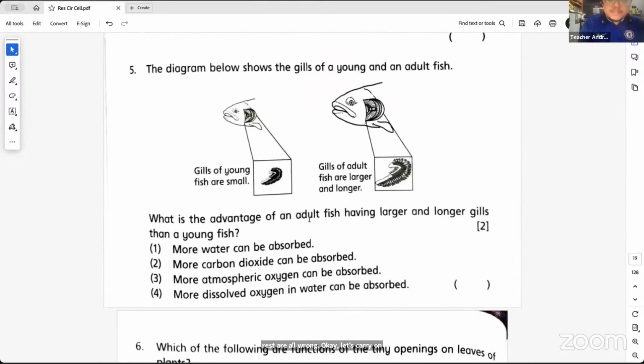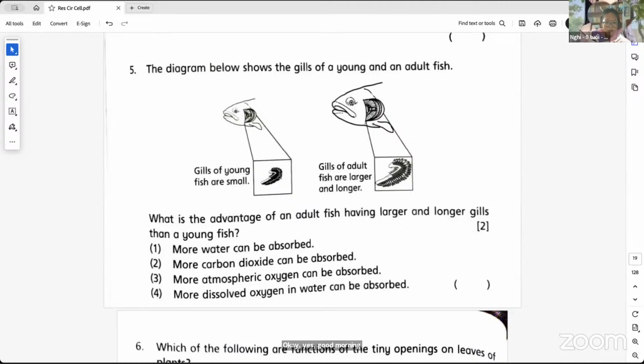The diagram below shows the gills of a young and adult fish. What is the advantage of the adult fish having larger and longer gills than the young fish? Can I have a volunteer, please? Okay, yes. Good morning.